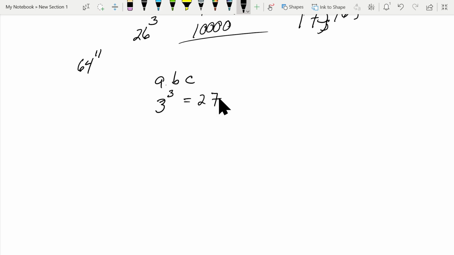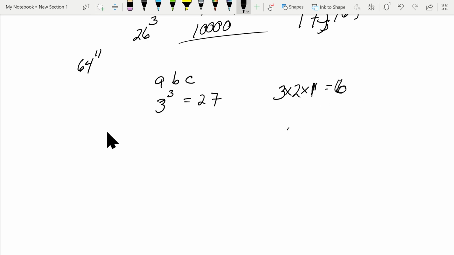What if we have A, B, and C, and we want 3 places without repeats? How many can go in the first place? We have 3. How many can go in the second place? 2. How many in the third place? How many we got left over? 1. This is equal to 6.